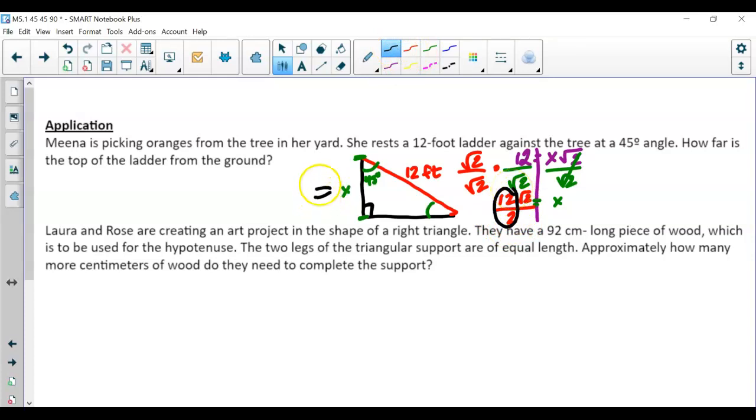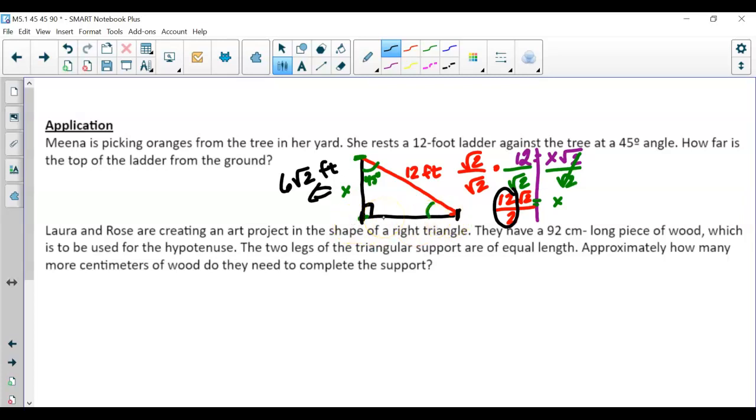So this height here is 6 radical 2 feet, which technically we could also answer the question, what is the distance from the base of the ladder to the base of the tree? 6 radical 2.